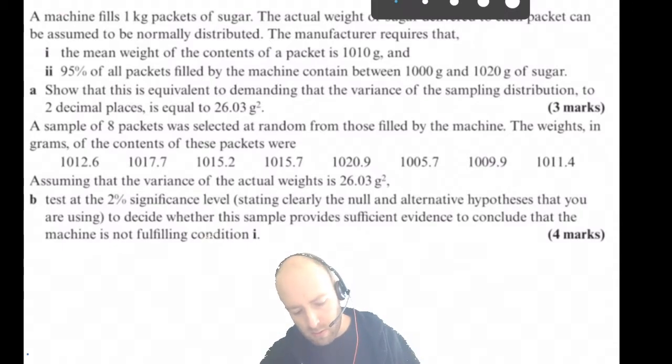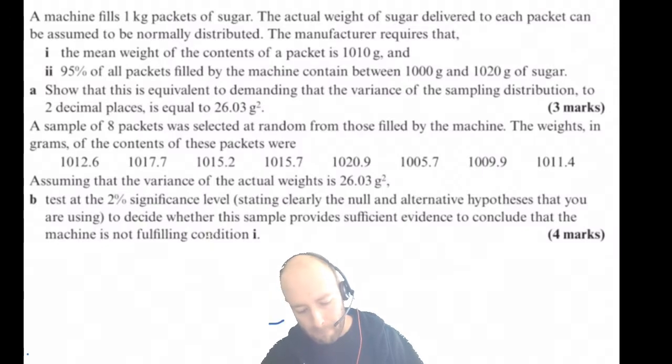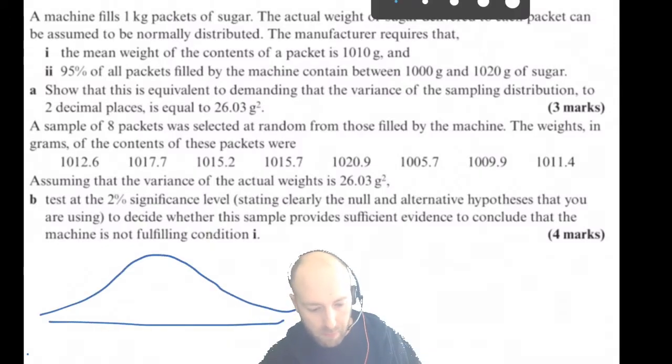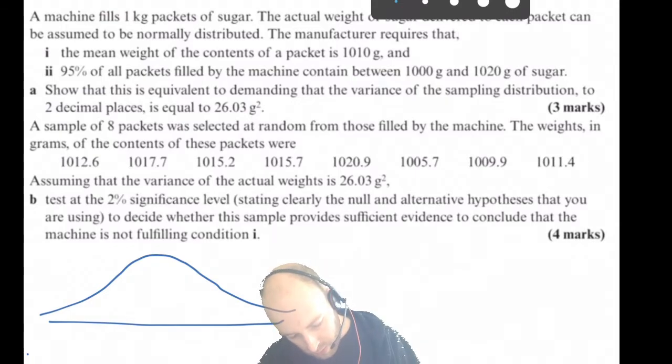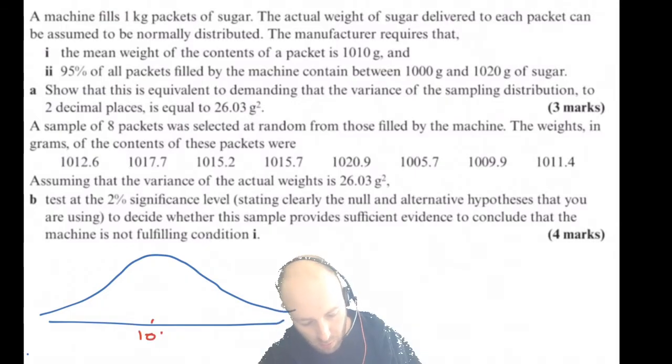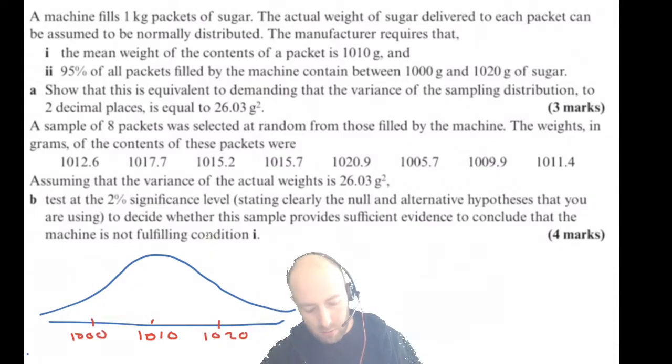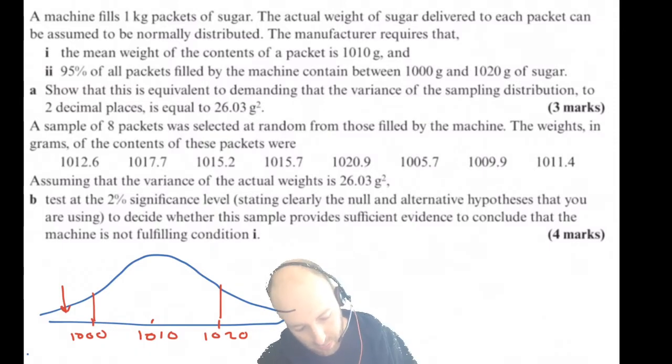So the mean is 1010, lower is 1000, upper is 1020. And we're told that 95% is the middle, so these tails are each 0.025.